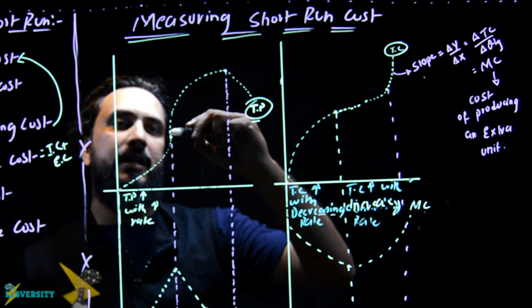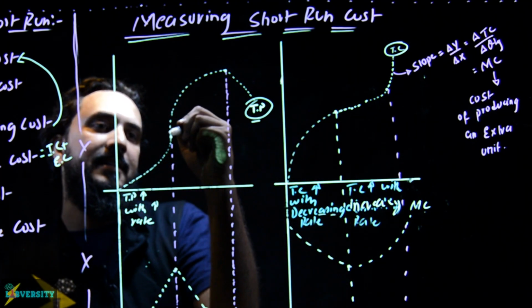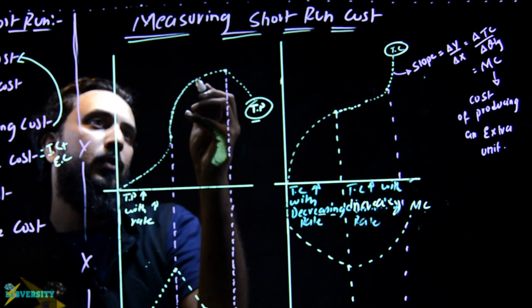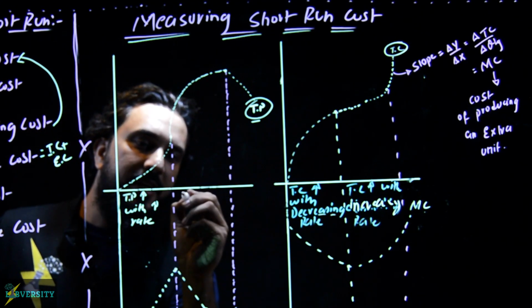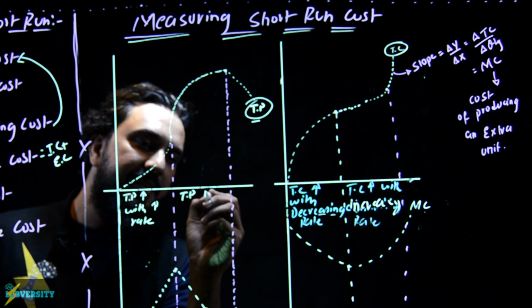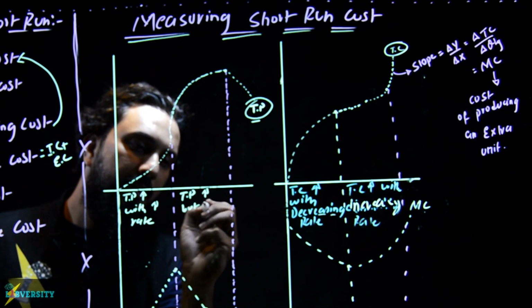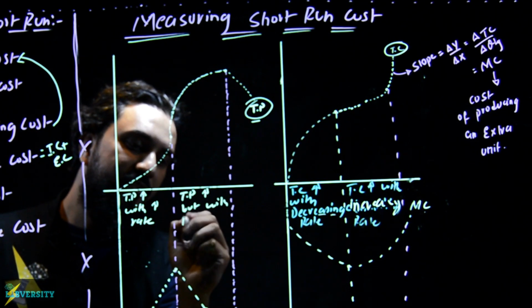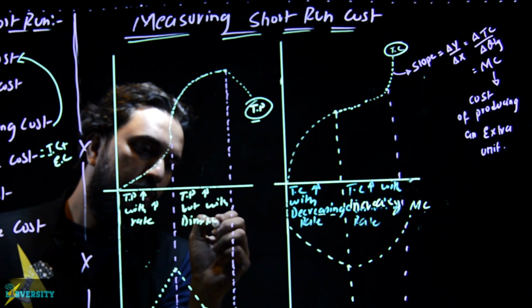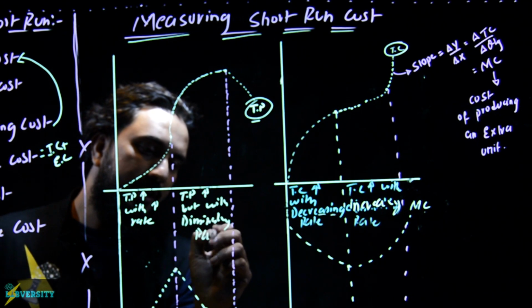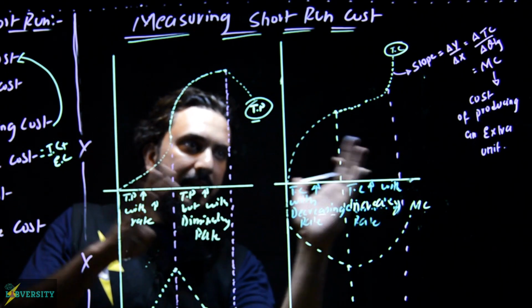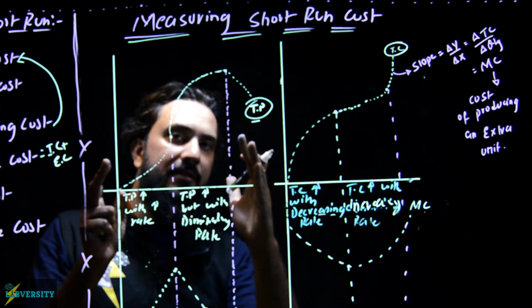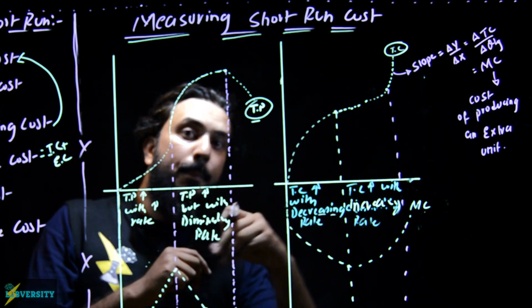This movement of the productivity shows that the total productivity is increasing but with a diminishing rate. So your productivity is increasing with a diminishing or decreasing rate. You can see that total productivity and total cost are opposite to each other.